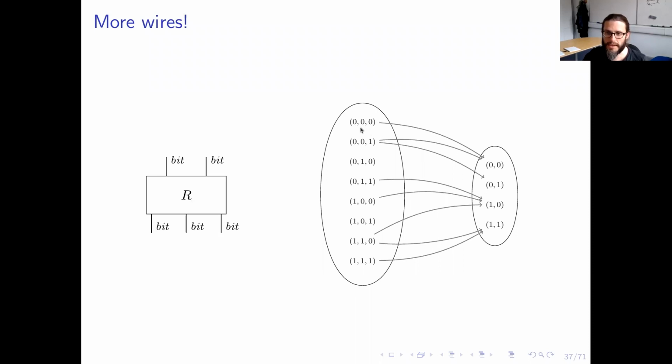There are eight different combinations of 0 and 1 here, so that's all the lists of 3 bits that exist. And then some relation is just mapping some list of 3 bits to a list of 2 bits. So this relation R could be this thing. And that's basically how this process theory works, and how, at least at the low level, you do some calculations with it.